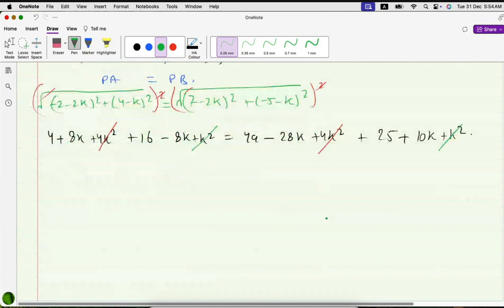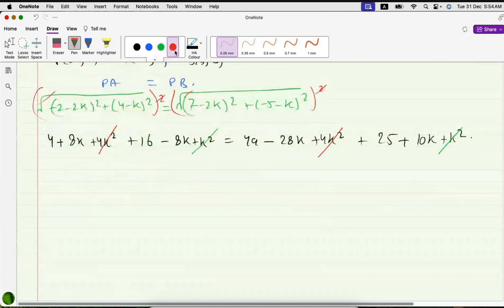I'm collecting all k's on the left hand side. This is 8k minus 8k, and on the right hand side is 28 and 10 plus 28k minus 10k.